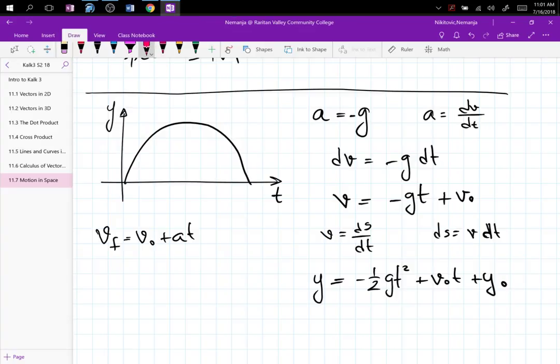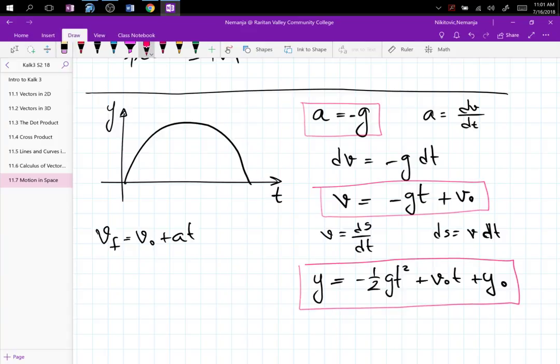So the three equations that are important are those for the free fall, when you drop something or throw something. The vertical component of the velocity will deal with the gravitation as the acceleration. Velocity will depend on the gravity as well as how fast you throw something. And finally, the height will depend on initial velocity and initial height.